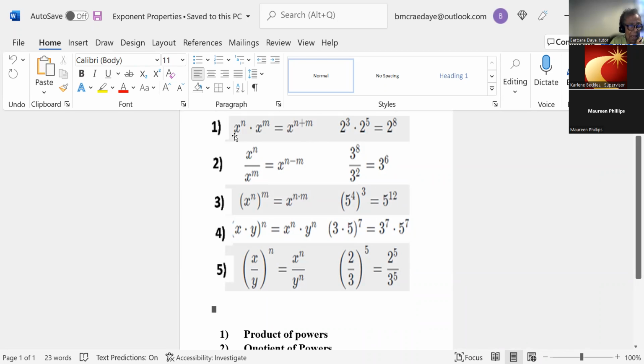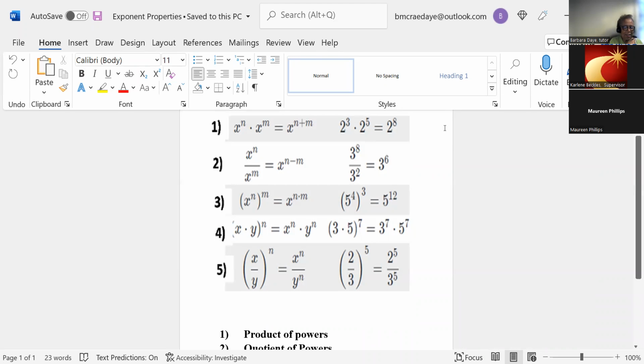So if you're multiplying exponents, you're multiplying factors with the same base. X is the base, n and m are the powers or exponents. You add the powers. So if you were given, say, 2 to the 3rd times 2 to the 5th, that's a multiplication, and you add the powers. 3 plus 5 is 8.